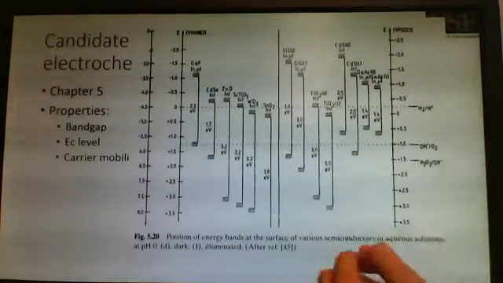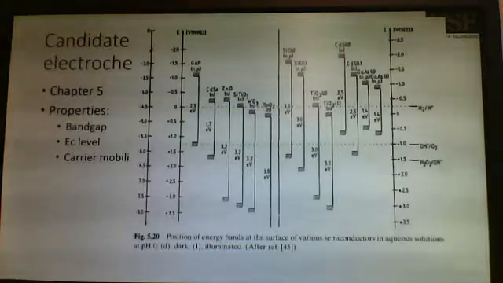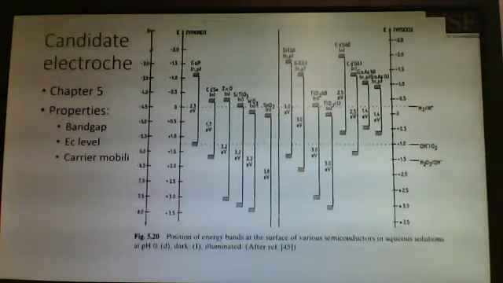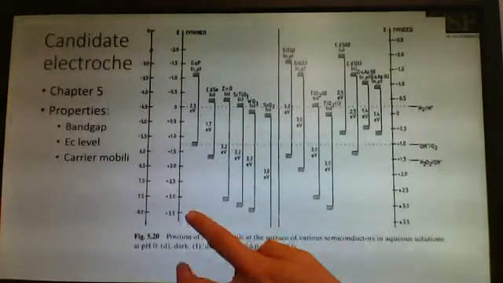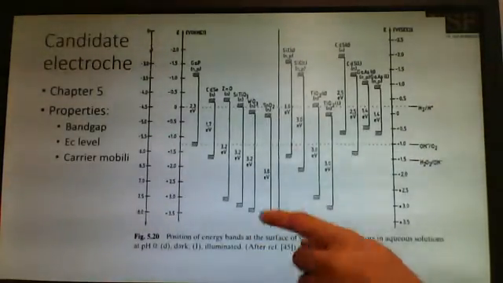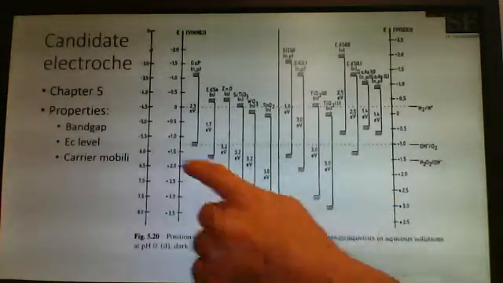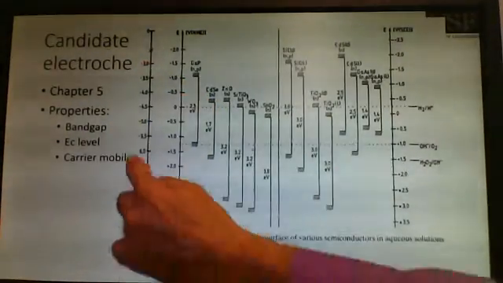So this diagram describes well how we can see both semiconductor and electrochemical potentials in a common ground. A bunch of the semiconductors that have been used extensively in electrochemistry have been listed here, so you can read the values of the conduction band and the valence band of them. This axis is versus vacuum.